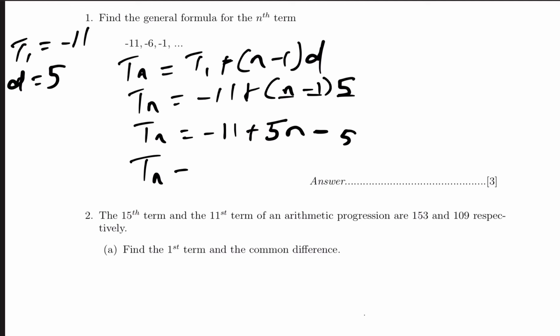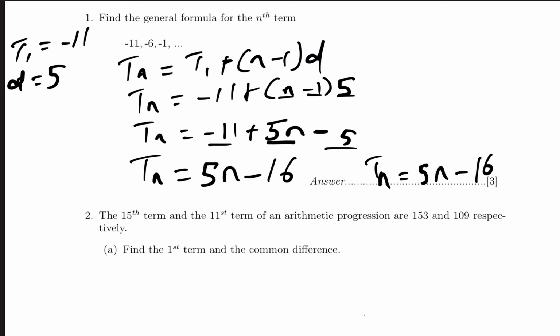Then Tn is equal to 5n, then minus 11 minus 5, that's minus 16. So our answer, the general formula, is Tn is equal to 5n minus 16. So we're done with our first question, then move on to the second question here.